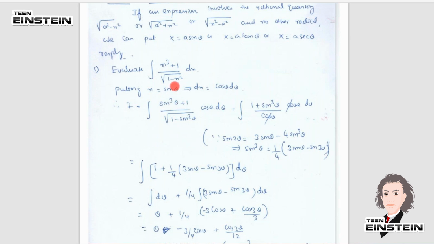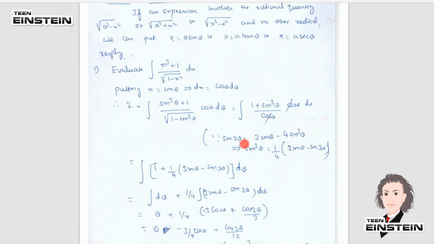Since x square is sin square theta, square root of 1 minus sin square theta is square root of cos square theta. The formula used here is cos square theta plus sin square theta equals 1, so 1 minus sin square theta is cos square theta, and its square root is cos theta. This cos theta cancels with the cos theta in dx, which is cos theta d theta.